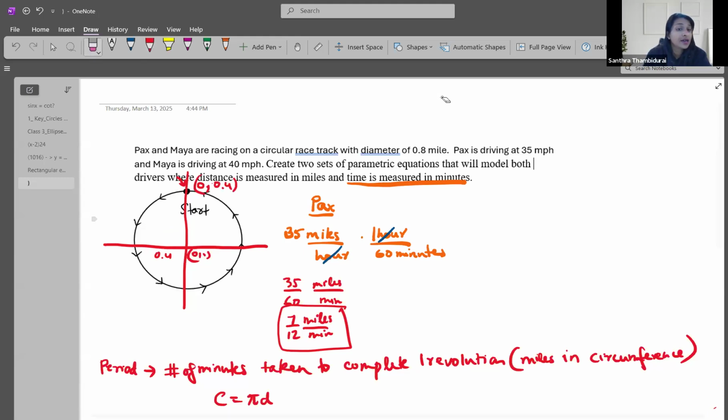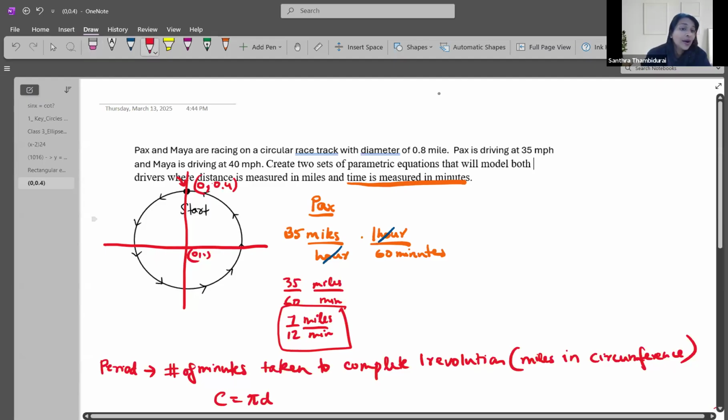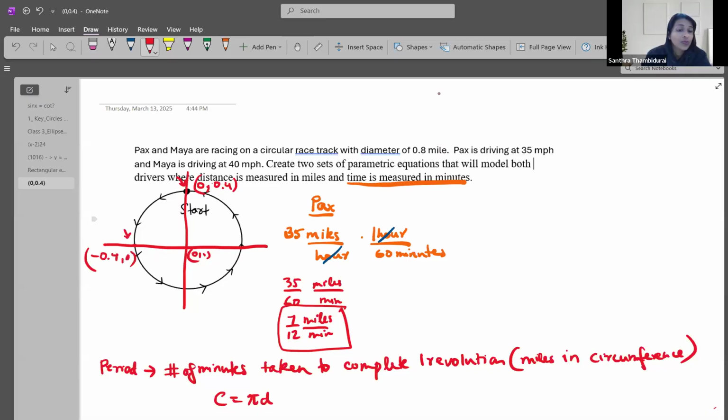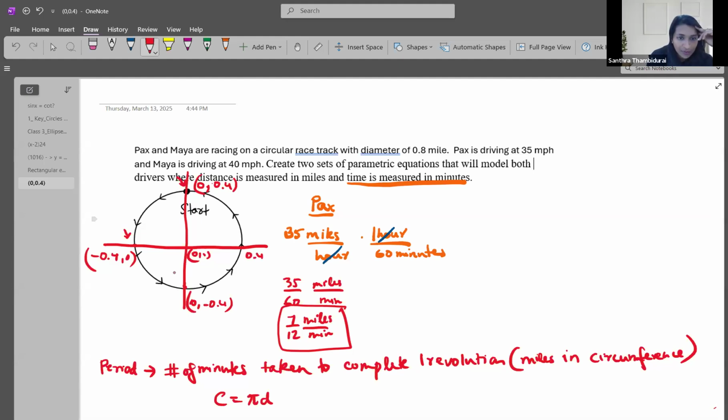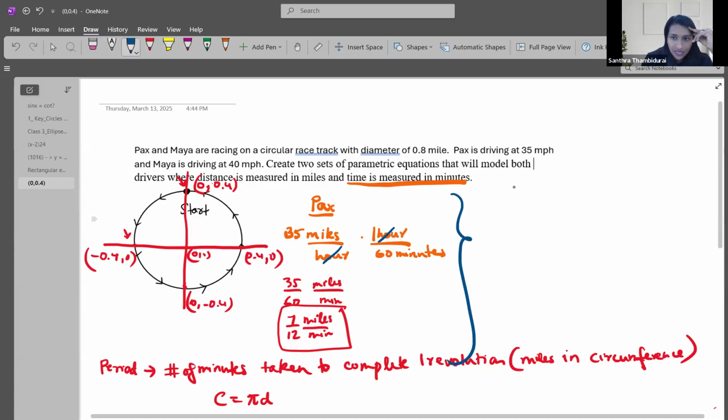And then it's going clockwise, so this point right here is going to be negative 0.4, 0. So if I'm just watching my x coordinates, what's happening? It's starting at 0, then it's going to go to negative 0.4, then let's write down the rest of the points too. This is 0, negative 0.4. This is 0.4, 0.